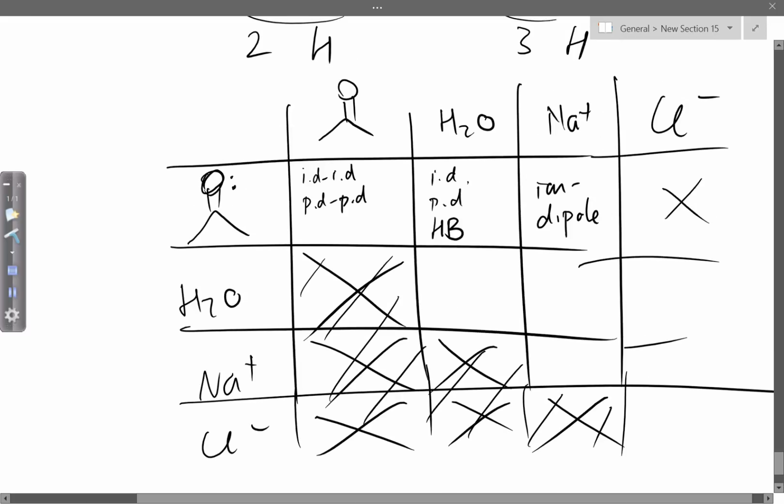Next, between water and water, this is quite obvious. There's going to be ID, PD, and hydrogen bond, right? Na+ and H2O, there's going to be ion dipole. Between Cl- and H2O, there's going to be ion dipole as well, right? This is the same as solvation, whereby you solvate your NaCl in water. Next is your Na+ and Na+. Obviously, there's no interaction, right?